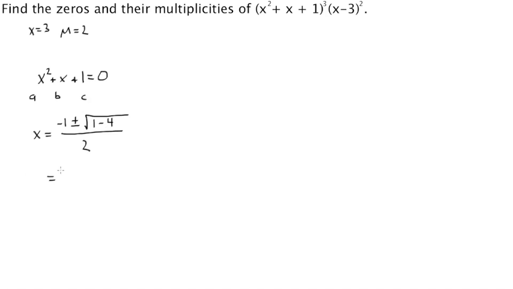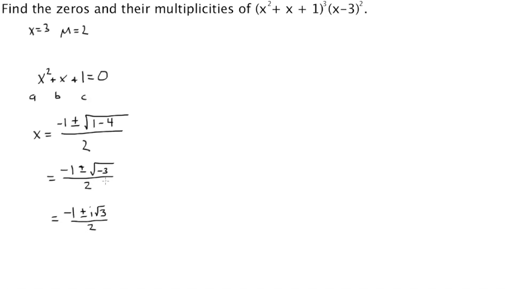So this gives us negative 1 plus or minus the square root of negative 3 over 2. This tells us, aha, we have a complex solution. So our two solutions are going to be negative 1 plus or minus i square root of 3, all over 2.